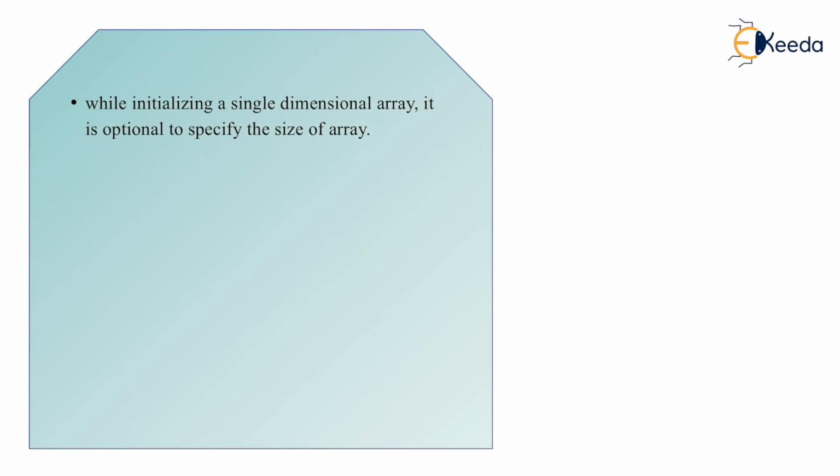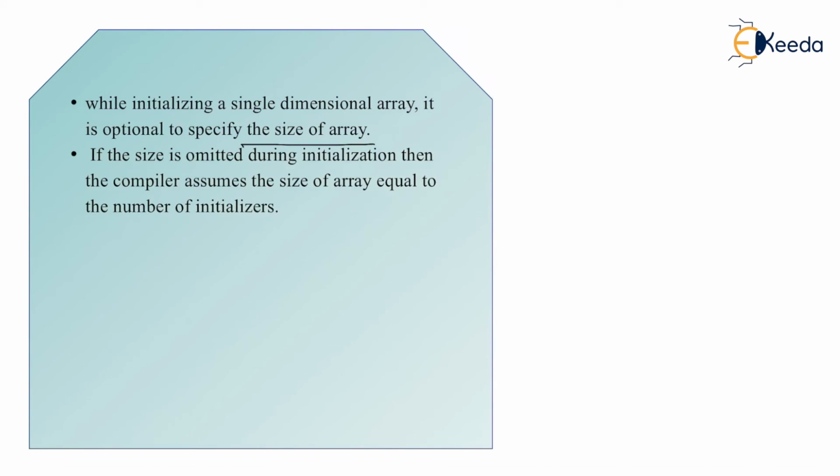Next, while initializing a single dimensional array, it is optional to specify the size of the array. It is not compulsory that you have to specify the size of the array. If the size is omitted during the initialization, then the compiler assumes the size of the array is equal to the number of initializers.